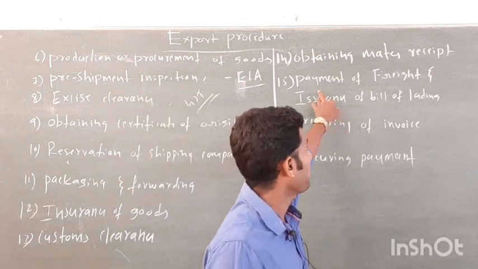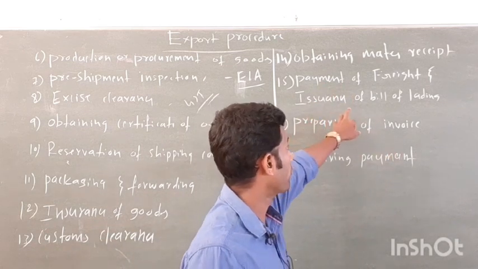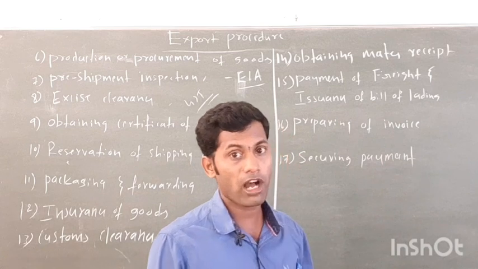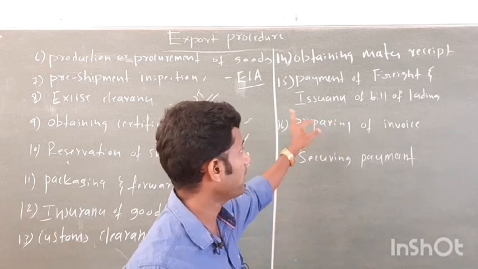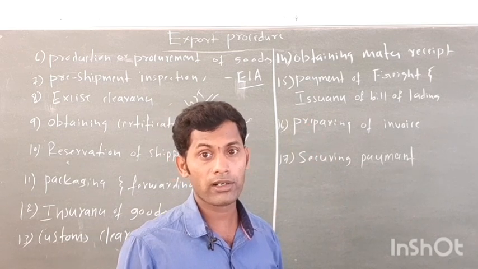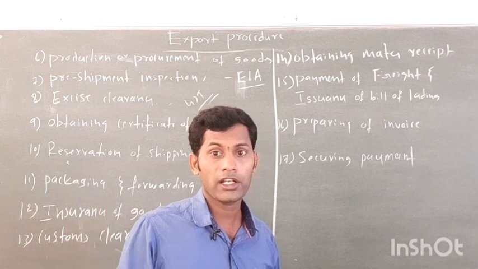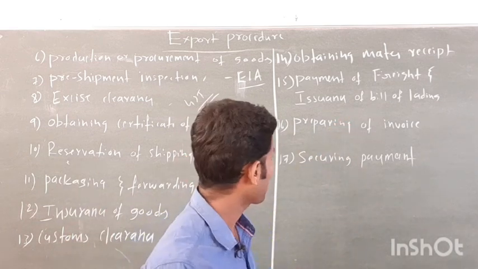That is what we call payment of freight. Then issuance of bill of lading. After payment of freight, we get the bill of lading. The bill of lading is a proof that goods have been loaded to the ship.